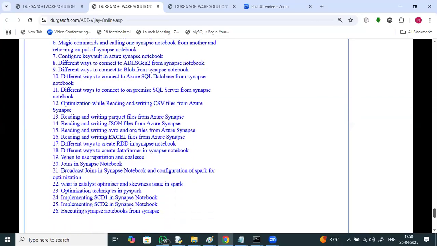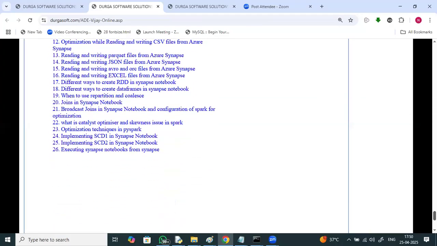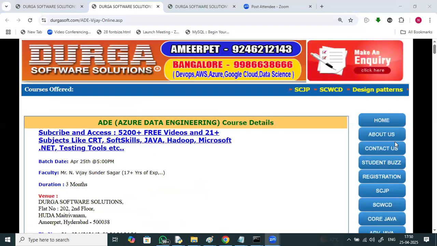Tomorrow the link will be changed. You are supposed to get enrolled to get the new link to your mail IDs. You can see in that chart the payment process and procedure, and the contact details if you have any concerns.